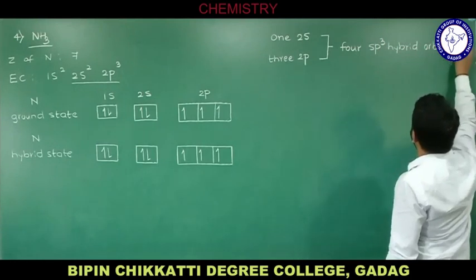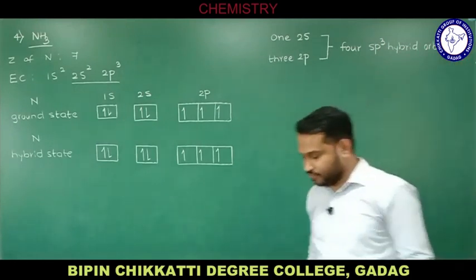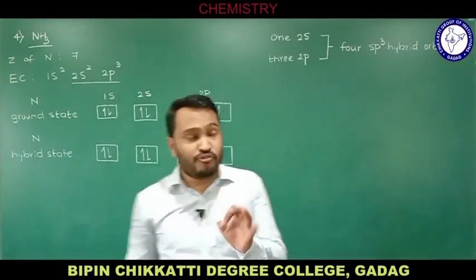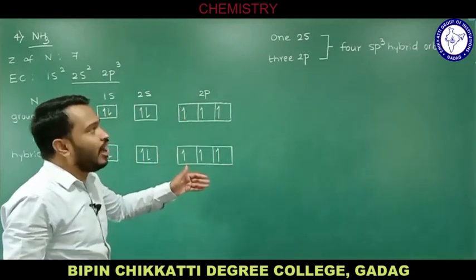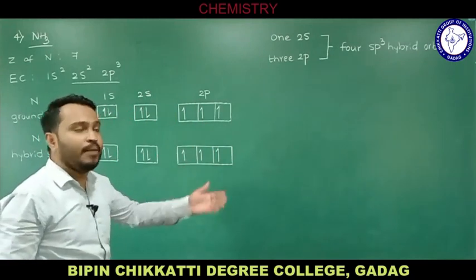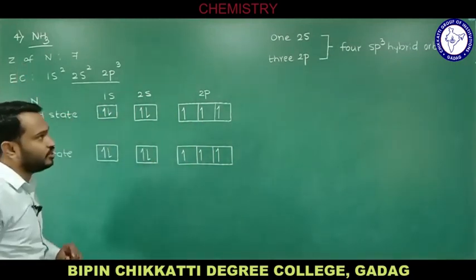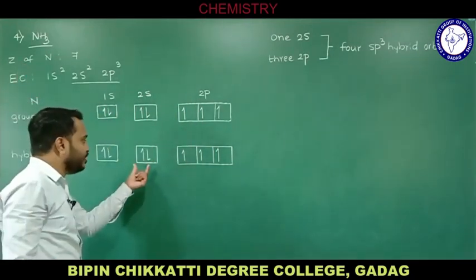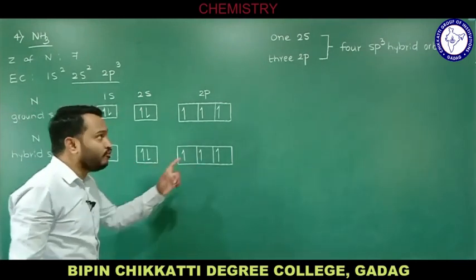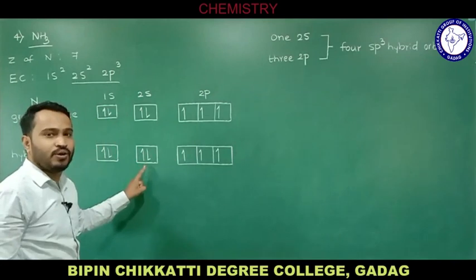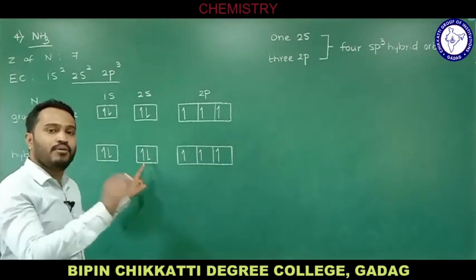4 sp3 hybrid orbitals. Then out of 4 sp3, don't think that all the 4 are going to be involved in overlapping with atomic orbitals of hydrogen, because observe here, this is 1 and these are the 3. So out of 4, 1 already has the electron pair.